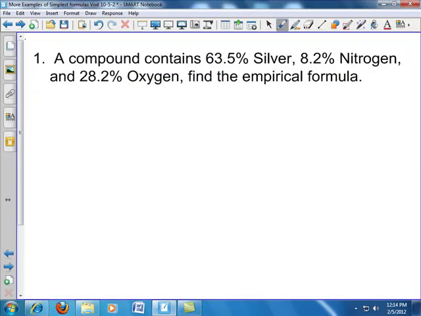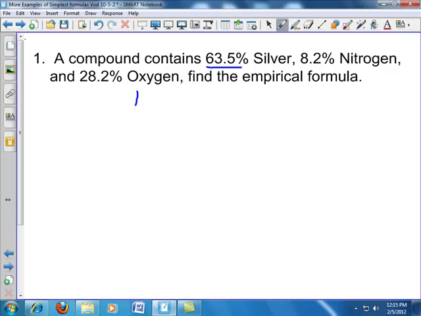You'll, number 1, get part of the worksheet completed, and number 2, hopefully learn how to do these problems better as we go. So here's problem number 1. Remember, with empirical formulas, there were 4 steps. The first step was to change percents to grams.